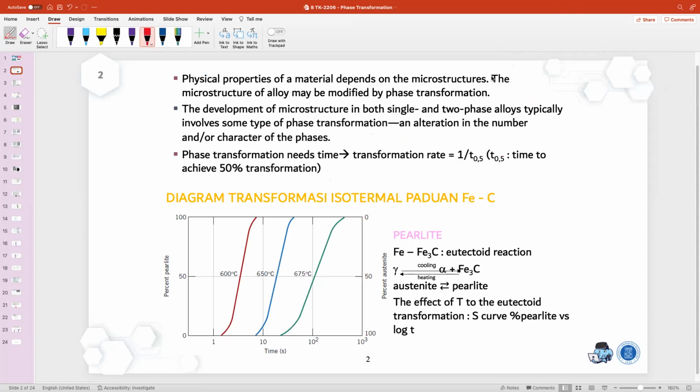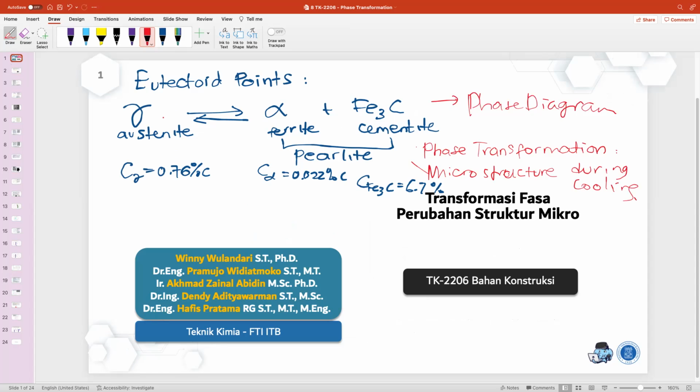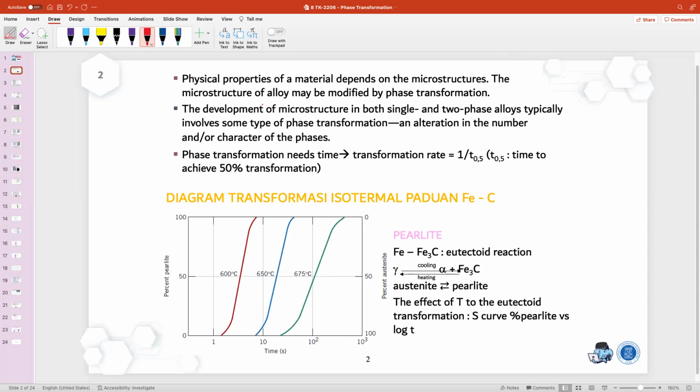Okay, so that's the introduction. Before that, we know that it happens at 0.76 weight% and at a temperature of 727 degrees Celsius from the phase diagram. Now, the physical properties of a material depend on the microstructure.